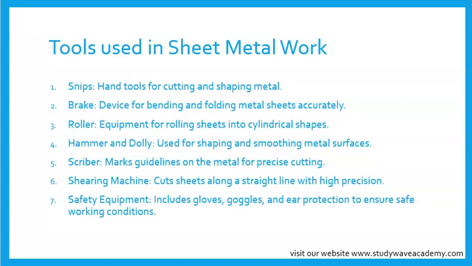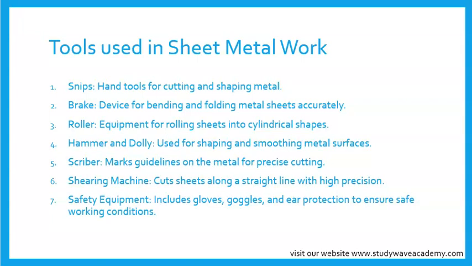Shearing machine cuts sheets along a straight line with high precision. Okay, shearing machine cuts sheets in a straight line very well. Safety equipment includes goggles, gloves, and ear protection to ensure safe working conditions.